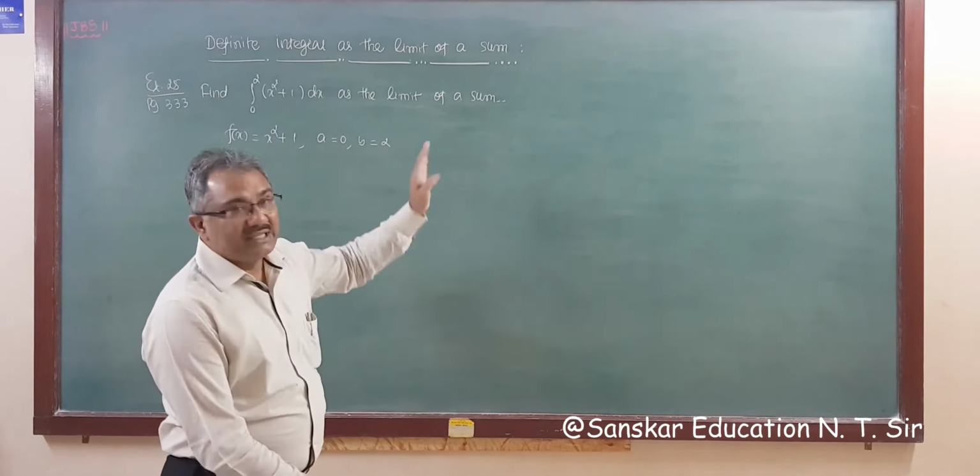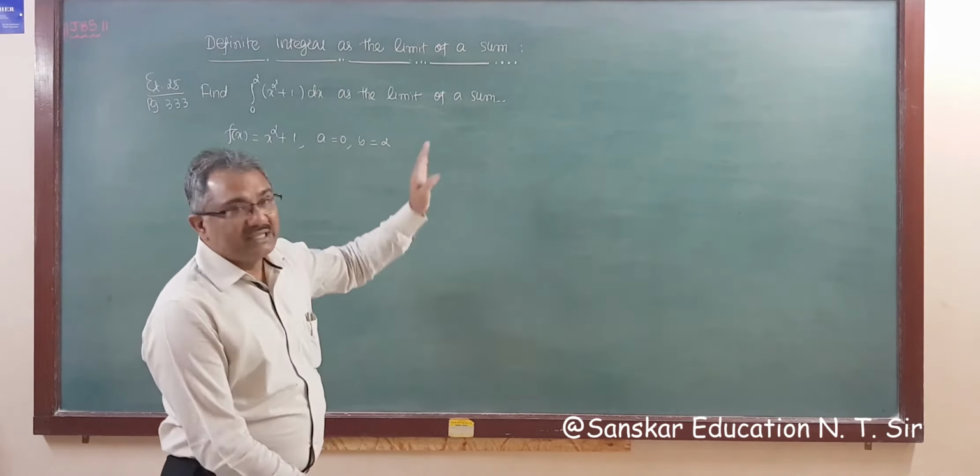Got it? Now the definition of a definite integration is integral a to b f(x) dx is limit n tends to infinity of h into sigma f of a plus ih. This is the definition of definite integration as a limit of a sum, right?